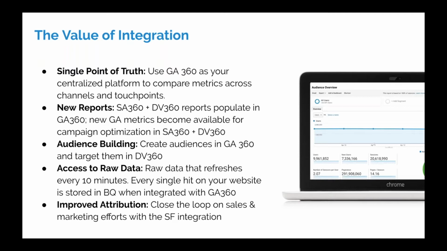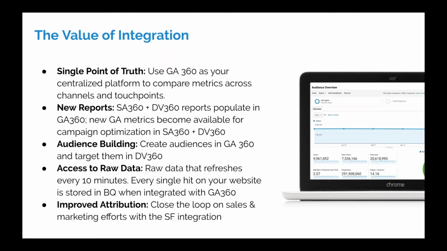And some of those metrics that Google Analytics provides in your advertising tools include metrics like bounce rate, session duration, pages per session. Some of those metrics can be key to optimizing campaigns, and sometimes that's kind of an overlooked benefit of those integrations.